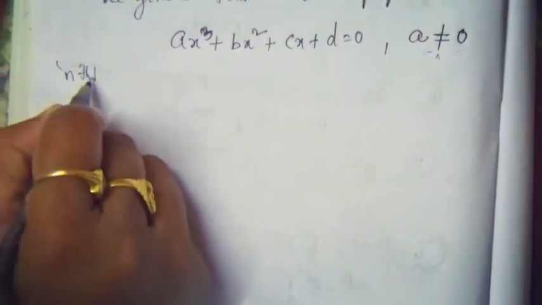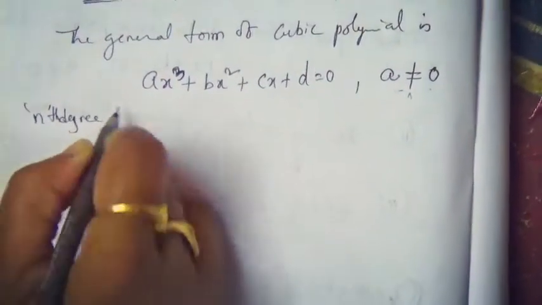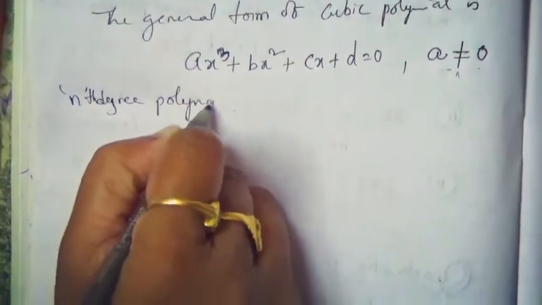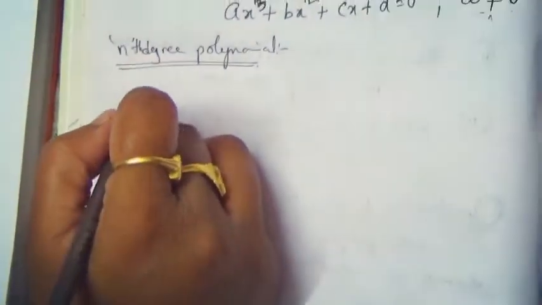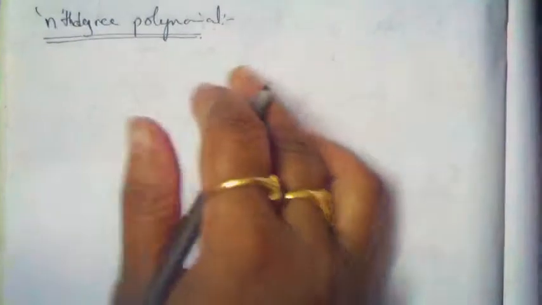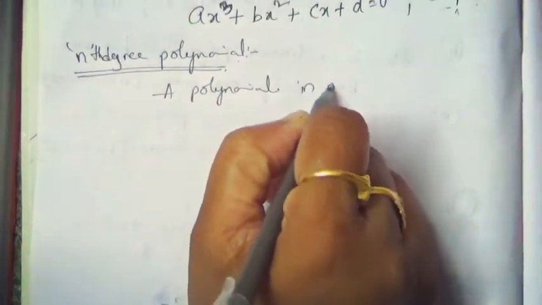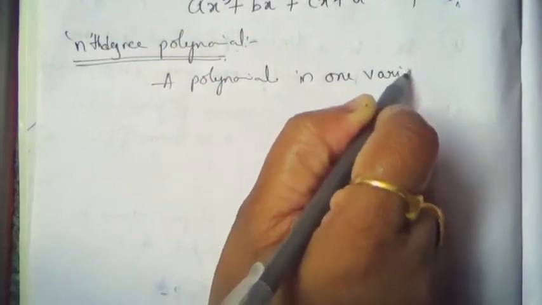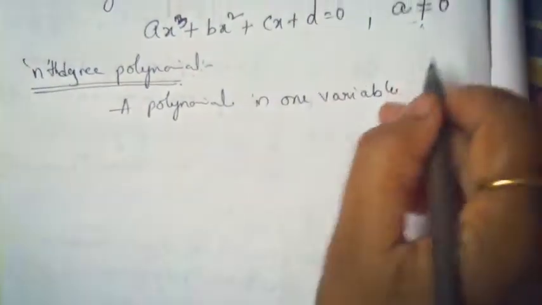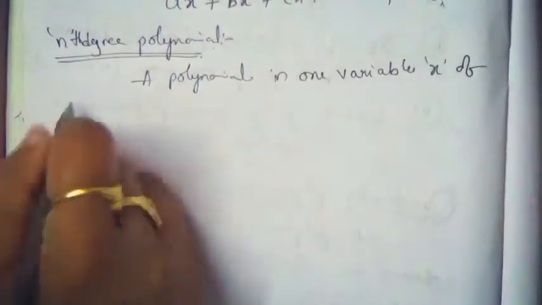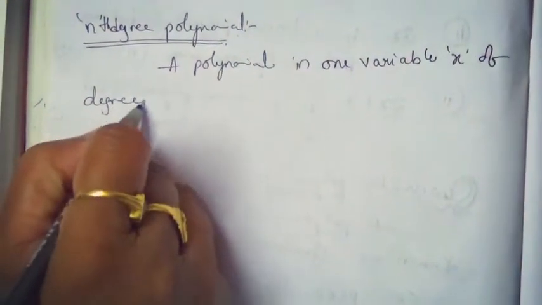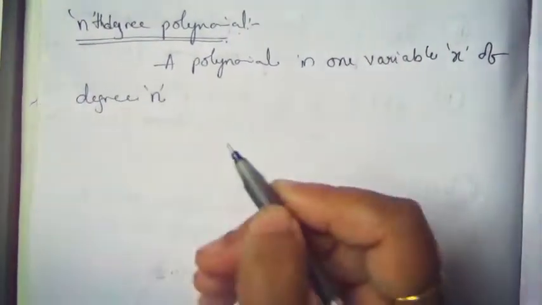The nth degree polynomial p of x: we have a polynomial in one variable, that is x, of degree n, right?